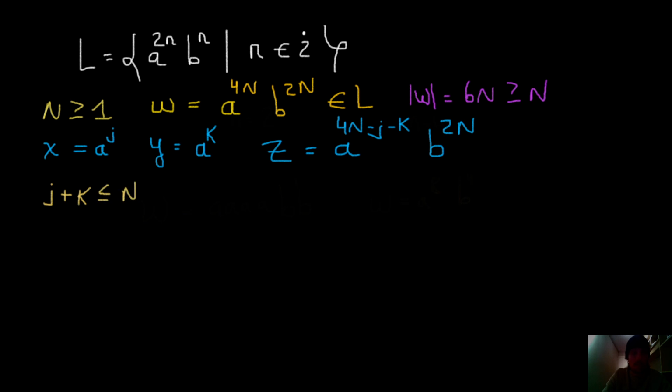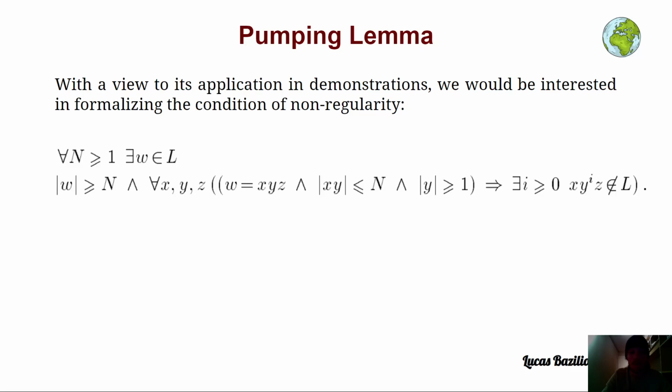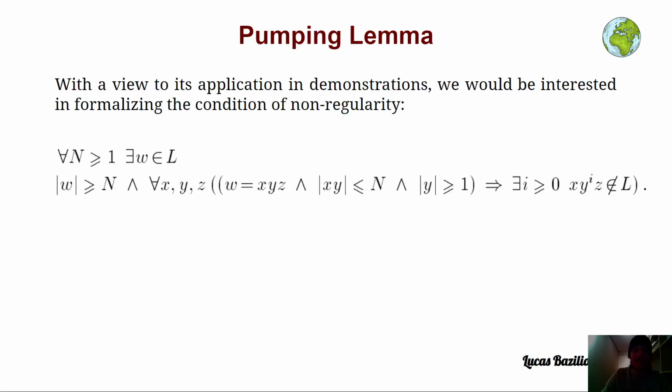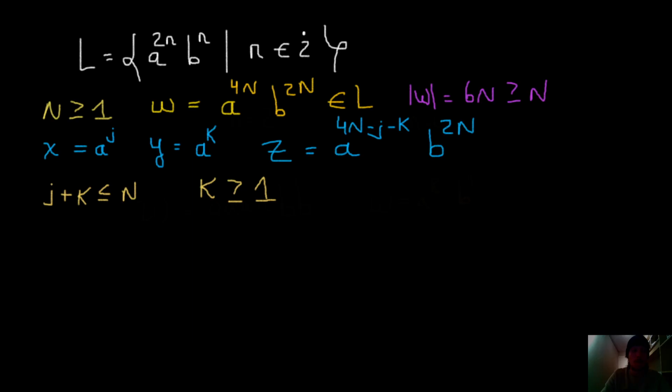And if the length of y needs to be greater or equal to 1, and here we have k occurrences, then k needs to be greater or equal to 1. So the value of k is at least 1. In other words, the subword y cannot be an empty word; we need at least one occurrence in this subword.